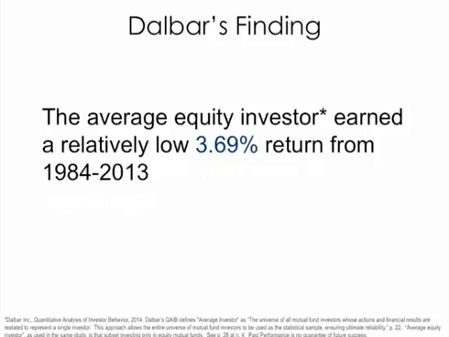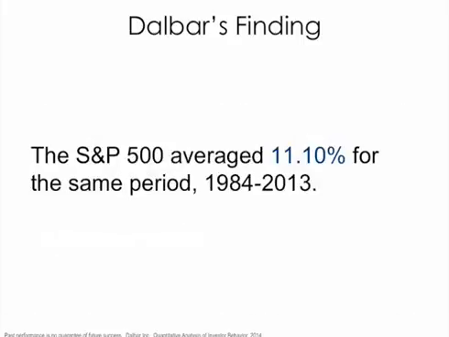So there's been some really interesting studies. We've talked about this Dalbar study before, that the average equity investor earned a relatively low 3.69 percent return from 1984 to 2013. That's a 30-year period. And if we look at the exact same period, the S&P 500, which is just one asset class, but nevertheless, the S&P 500 averaged 11.1 percent for the same period.